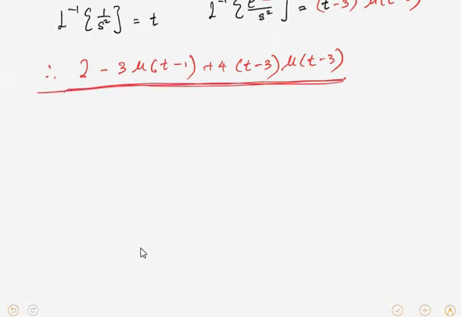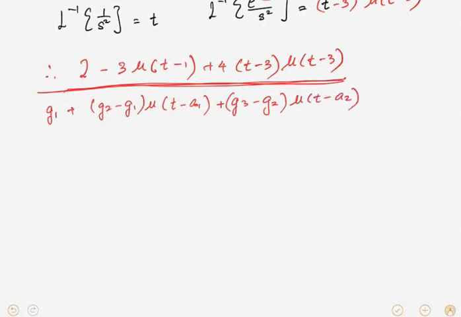If you still remember, before that we learned to change the step function to the unit step function, on page 125 in your module. We use that formula. Or I can write it here: G1 plus (G2 minus G1) u(t minus A1) plus (G3 minus G2) u(t minus A2).